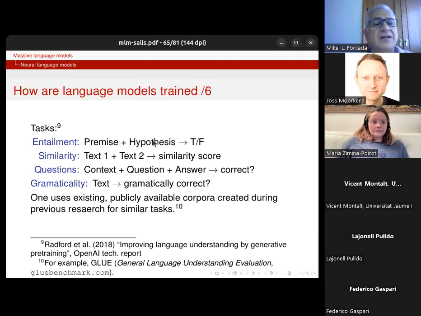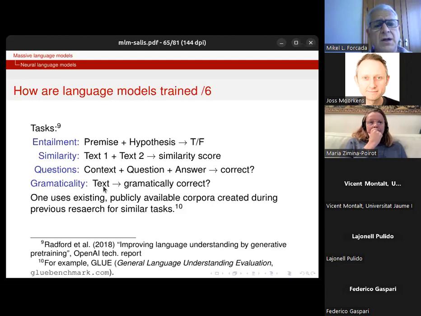Or you can have a text similarity task, where you have 2 texts and you ask how similar they are semantically. Or you can give it a context, a question, and an answer, and it will tell you if the answer is correct for this question in this context. Or grammaticality, where you give it a text and it tells you how grammatical it is.